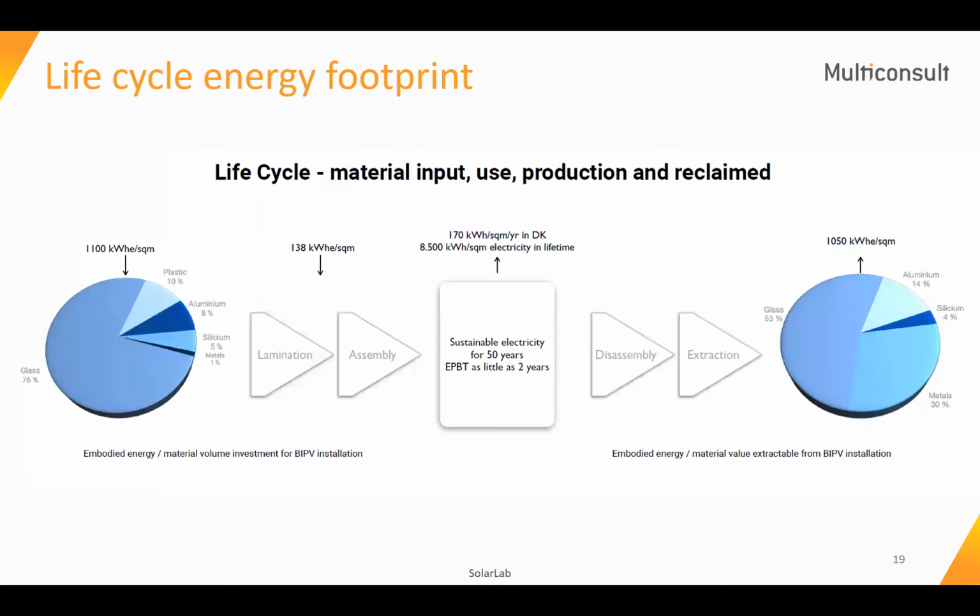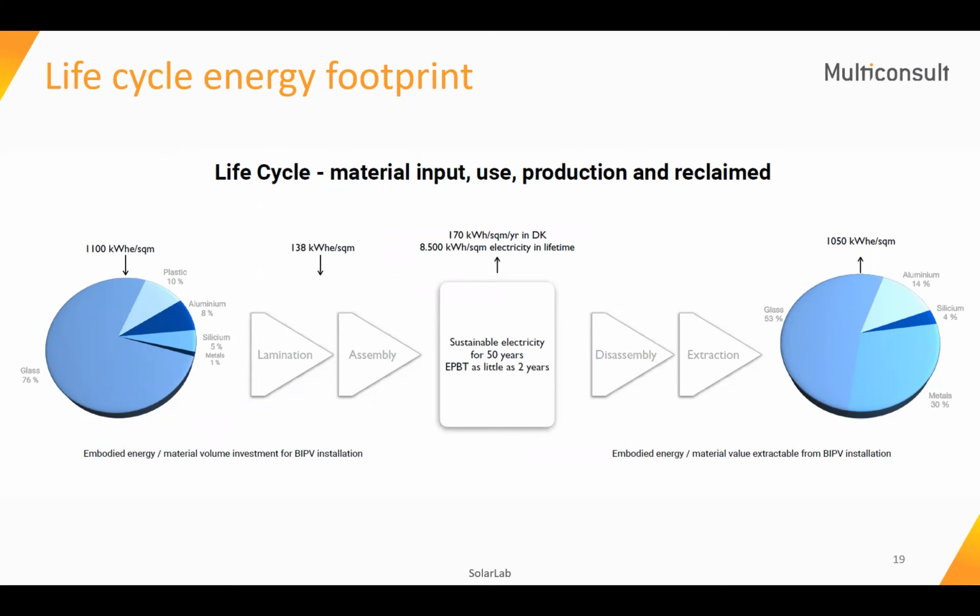And a quick slide about life cycle energy footprint. Here we have another slide that shows, for crystalline silicon, we can expect around 1,300 kilowatt hour per square meter to install a PV system, and then you can expect around 8,500 kilowatt hour per square meter of electricity in a lifetime.